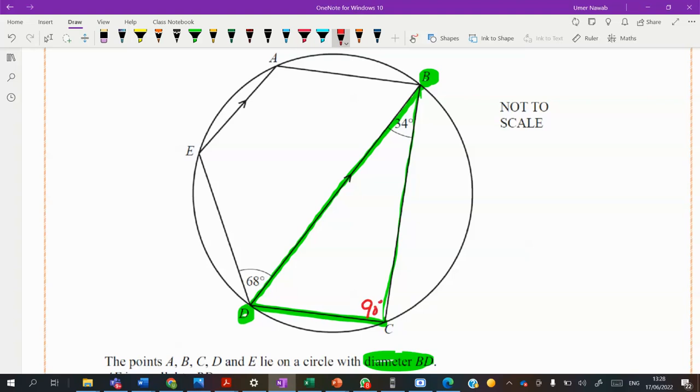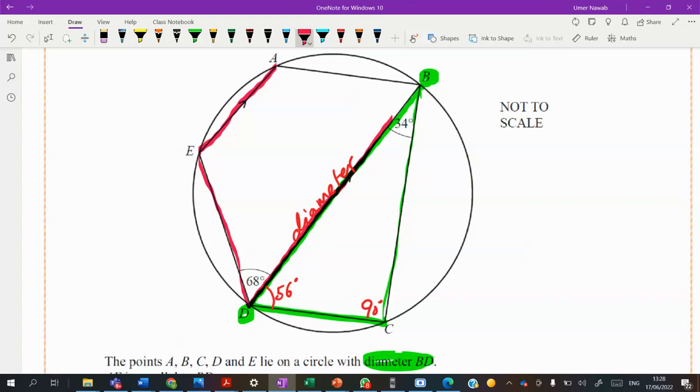With the help of this, you guys can easily find this, which is 56, the angle sum of a triangle. And as he said, this is diameter. Now, I have this one 68, and this one I can easily find with which property? The parallel lines property, the C property.